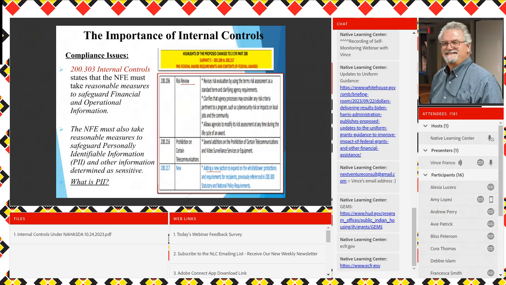Then the one that I was just talking about, that second bullet on the bottom left, the non-federal entity must also take reasonable measures to safeguard personally identifiable information, which you determine. Don't look at the federal government to tell you what PII is. All they say is you've got to identify it, you've got to protect it. And if you don't, all hell to pay.